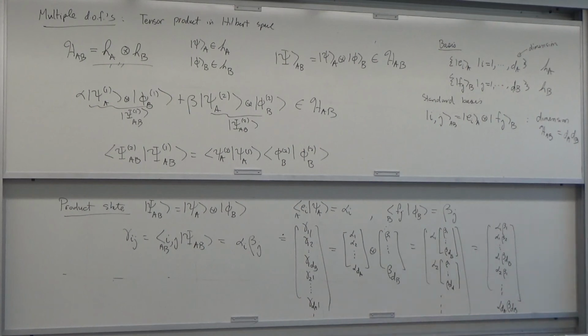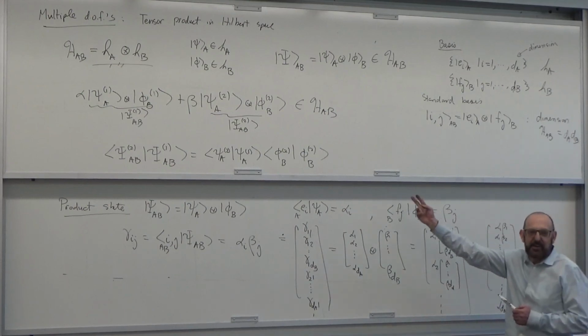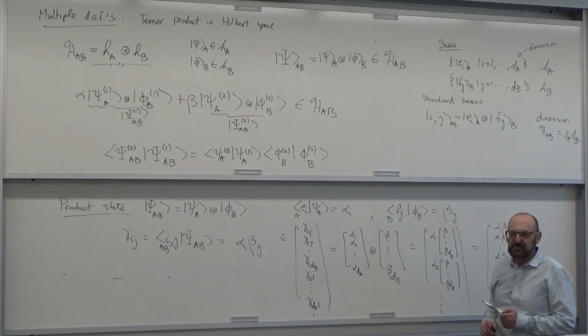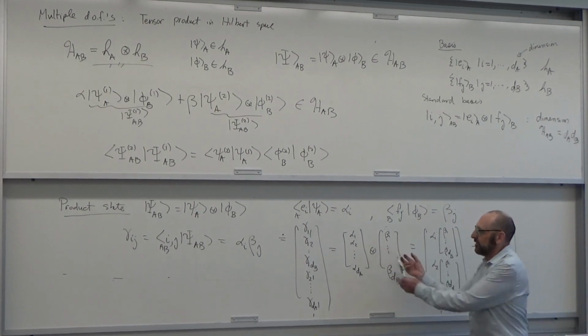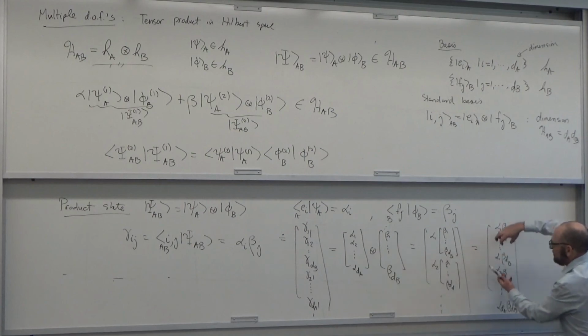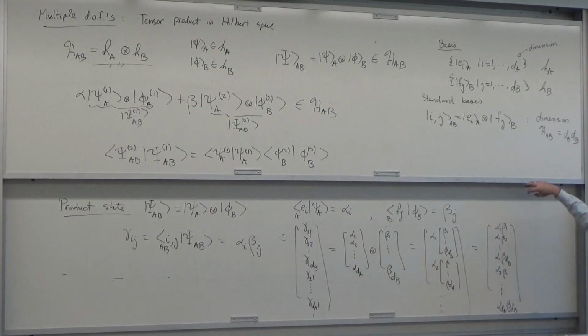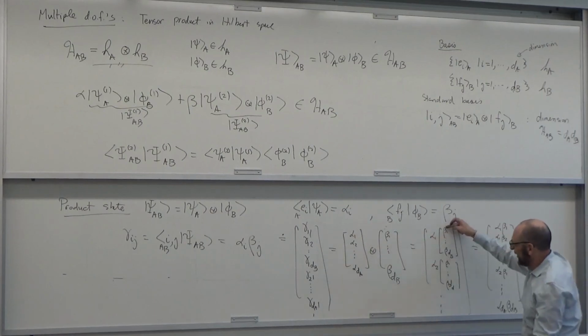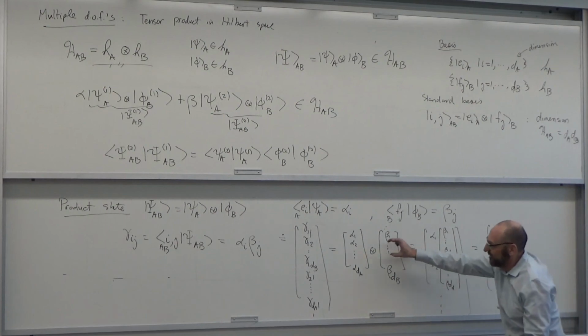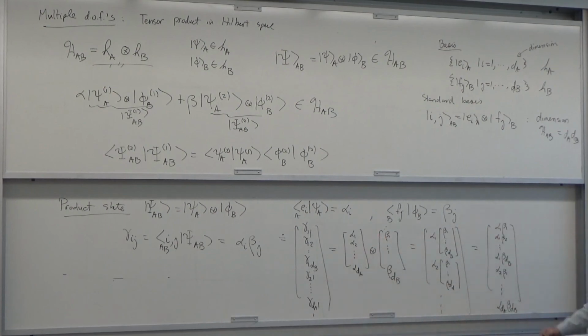So that's the tensor product operation on the matrices. That is to say, the matrices that are the column vectors that define the two vectors. I take the tensor product and I get a big column vector which has dA times dB entries. And you see how I did it? I took this guy and threw it in here and multiplied all those guys together. This guy, and that is the standard ordering of the tensor product.